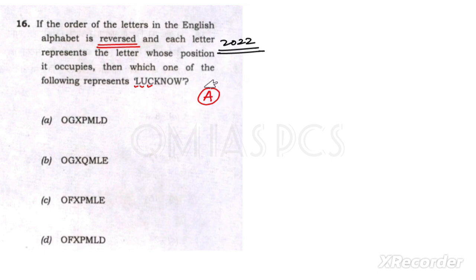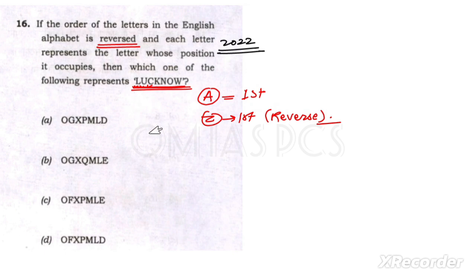If you reverse the order, Z will be in the first position. So first we have to write the reverse ranking. Based on that, you first find the ranking of this one, and whatever alphabets have the same ranking, you write those alphabets.